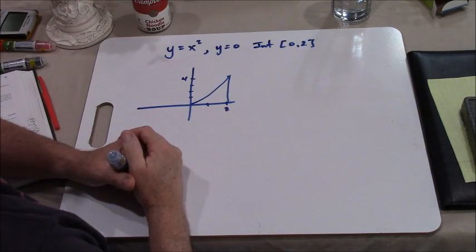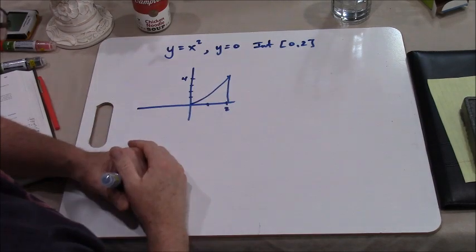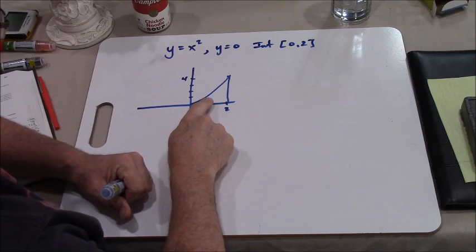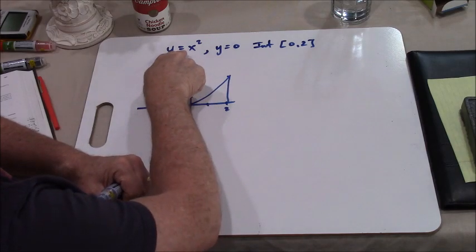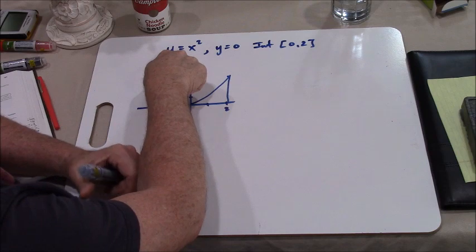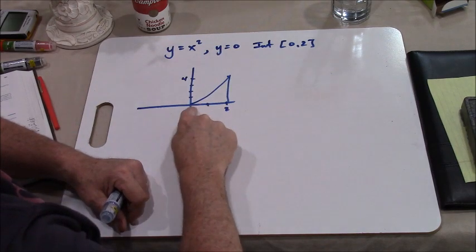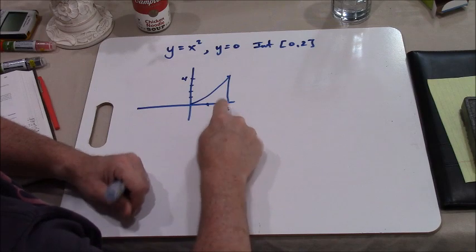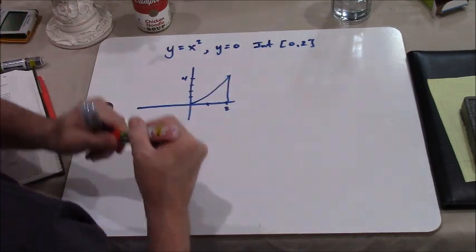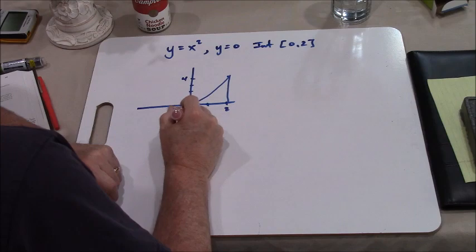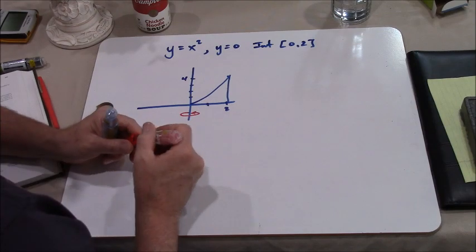All right, so I'm going to go back to an example that we've already done. I'm going to take this region that's bounded by y equals x squared, just a parabola, y equals 0, that's the x-axis, on the interval 0 to 2. And I'm going to rotate this about the y-axis.